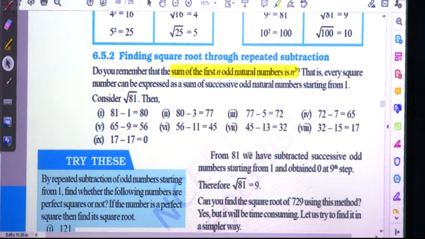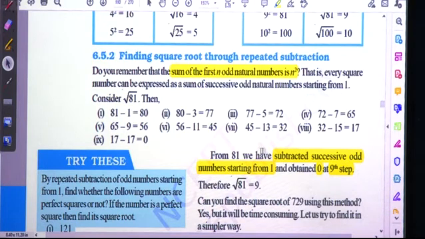From 81, we have subtracted successive odd numbers starting from 1 and obtained 0 at the 9th step. The first odd number, second odd number, third odd number, in this way.